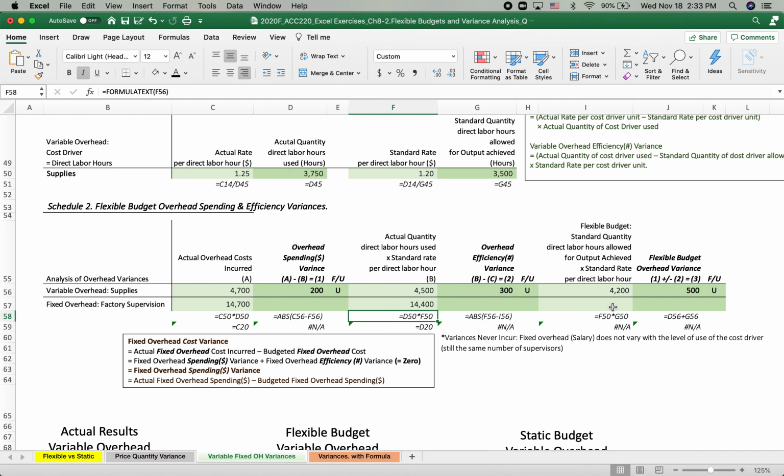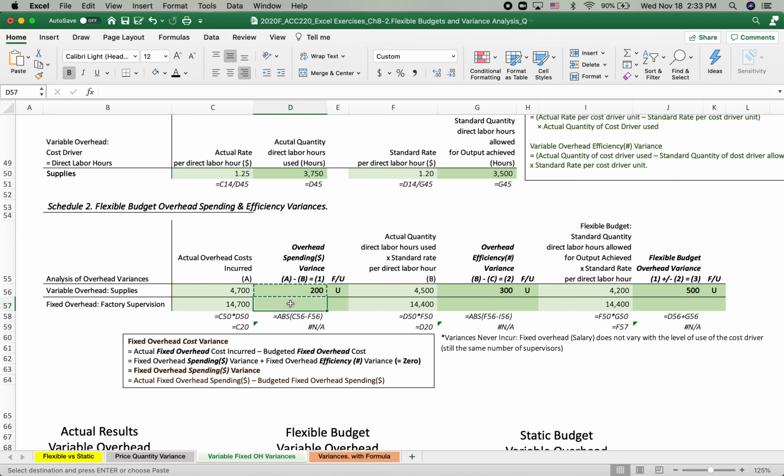The reason why it doesn't change, again, for the overhead efficiency, is that the number of supervisors doesn't vary with the level of use of the cost driver. The overhead cost is not correlated with an increase or decrease in the number of supervisors.